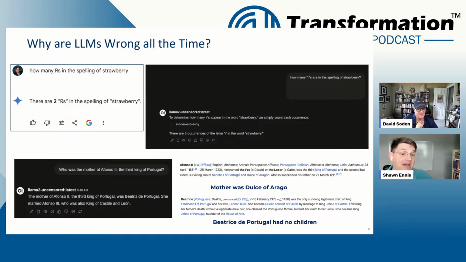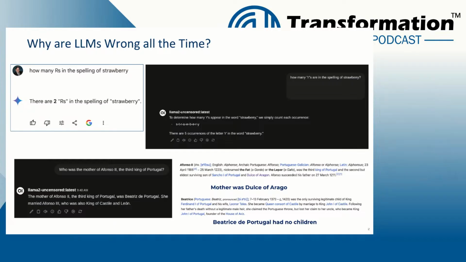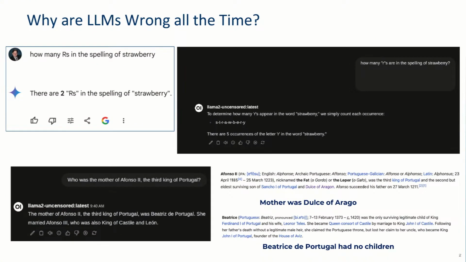They're also called bugs in the software world. So why are large language models wrong all the time? People are very, very surprised when they see quality issues with large language models.